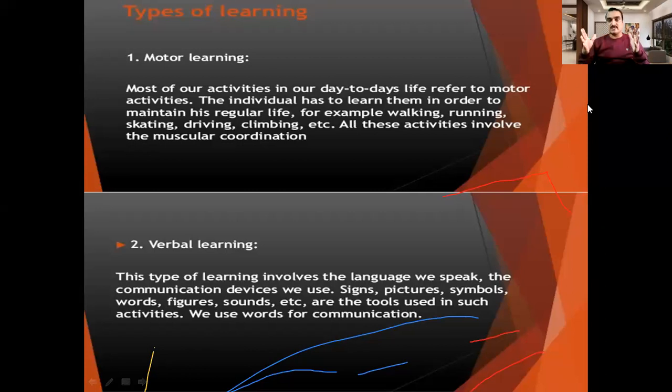Verbal, in the sense, is not only related to language. Definitely it is language, but along with that, whatever form of communication or devices we use for our day-to-day activities, like signals, pictures, symbols, words, figures, and sounds, are all considered part of verbal learning.